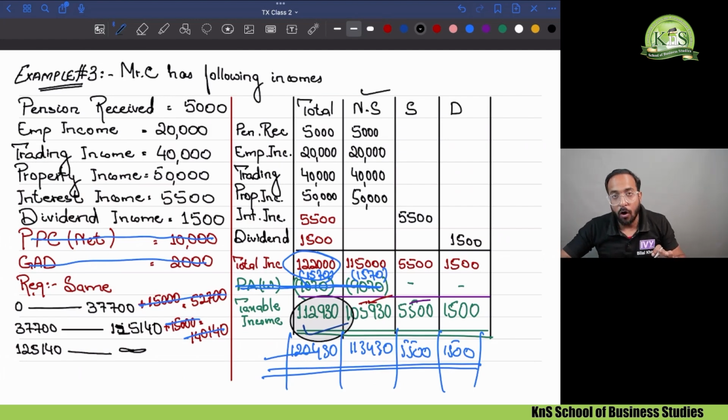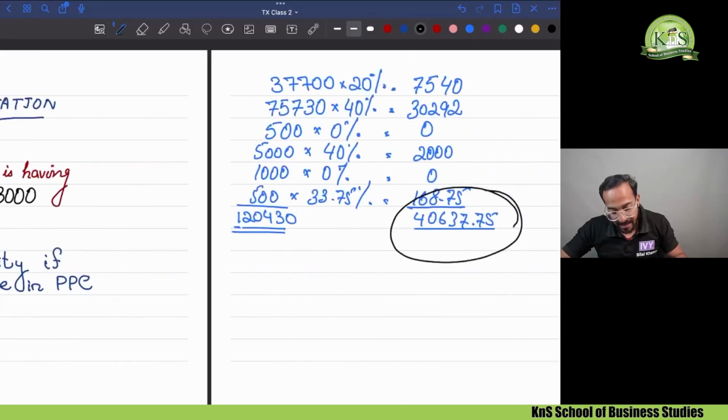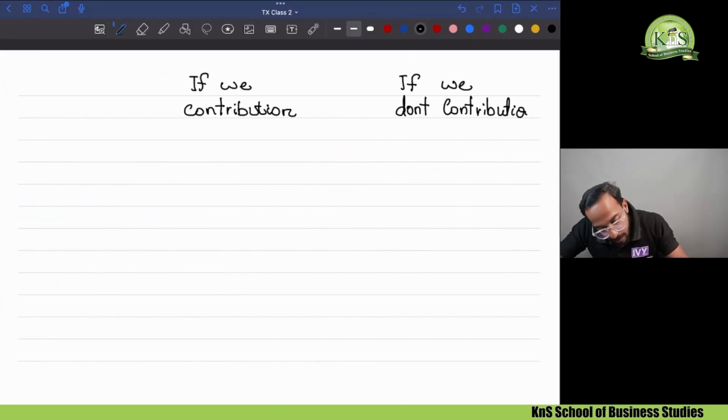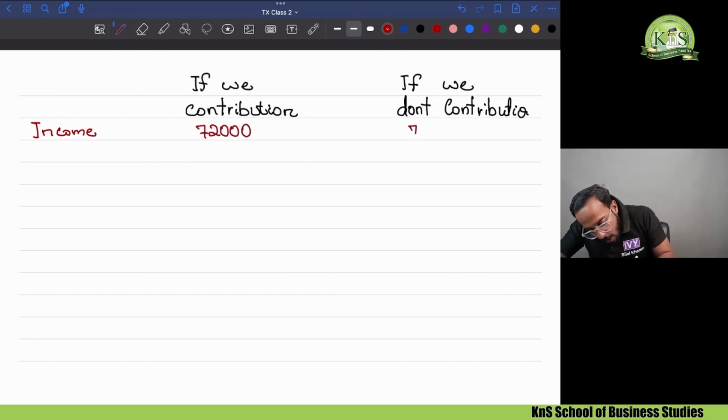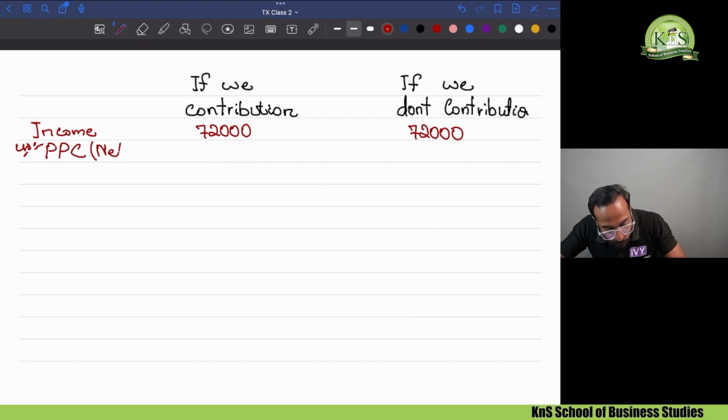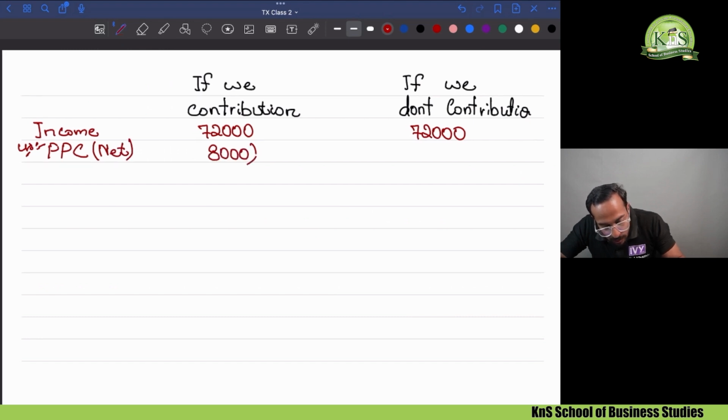So in both options you will have 72,000 of income. Got it? For earning this 72,000 you are contributing to PPC. Here you need to less the net amount, because from your own pocket 10,000.